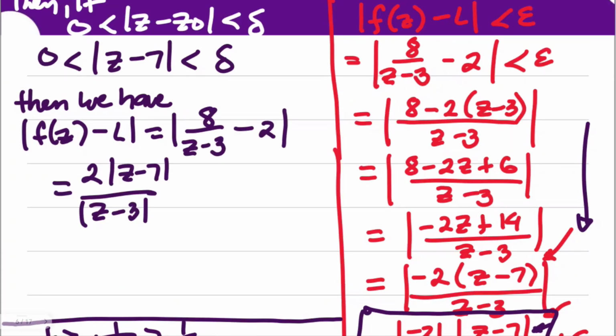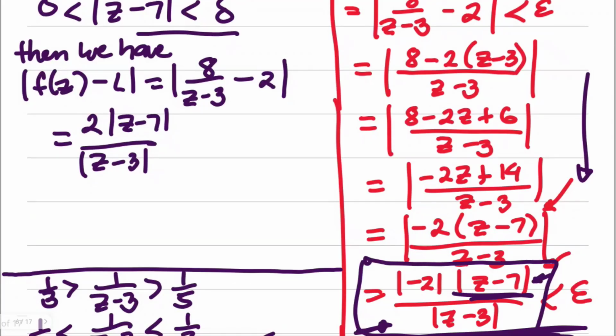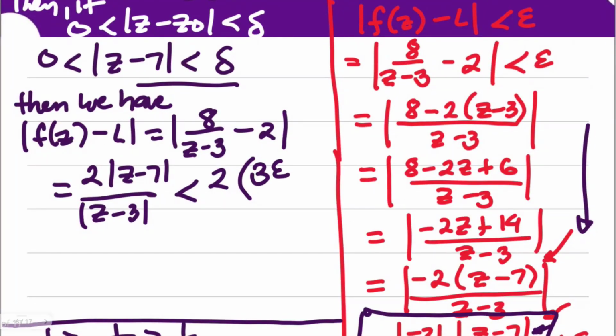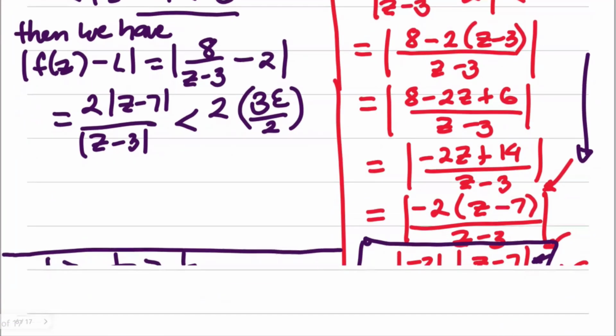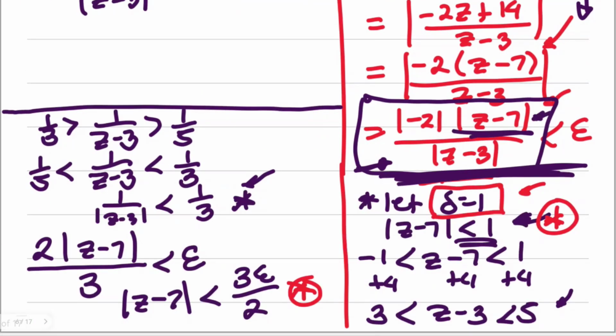So take note that the absolute value of z minus 7 is less than delta. And we have 2 values for delta. Let us use this second value, as this is also an implication using 1. So you have here less than 2, and your z minus 7 is actually 3 epsilon over 2. And then your absolute value of z minus 3 is indicated with this form here.